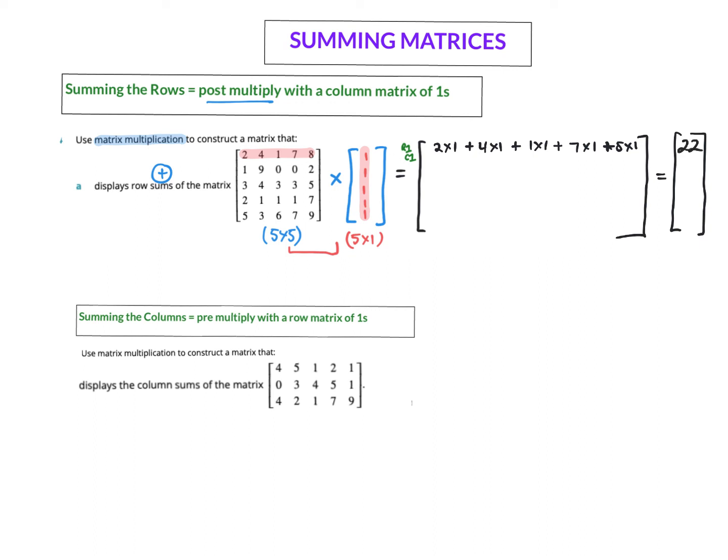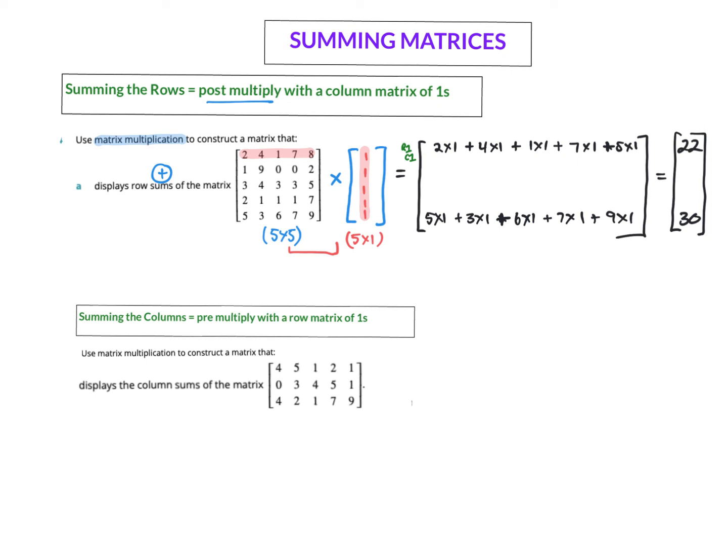Okay, and then if I did the bottom one, it would have been 5 times 1 plus 3 times 1 plus 6 times 1 plus 7 times 1 plus 9 times 1. So that would have been 8, 14, 21, 30. Yeah, so you could get that.